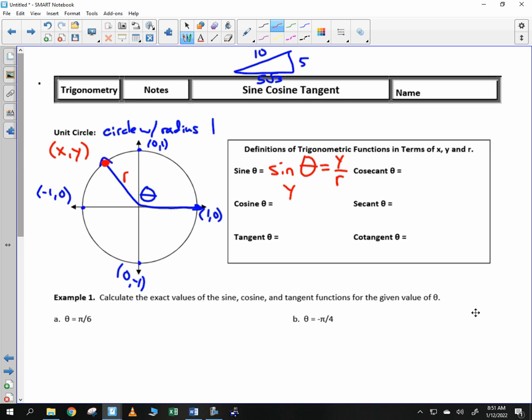The second trigonometric function I want to teach you is cosine. You don't write it like that all the time. We write it like this. So you see that? Don't say cos. We say cosine of theta. And that's equal to the x value divided by r. And if the r value is 1, then it's just x.